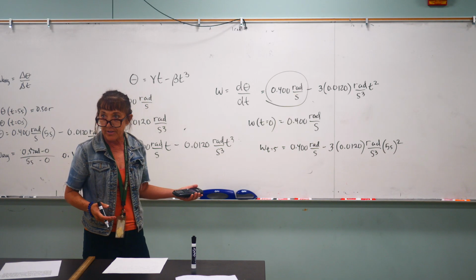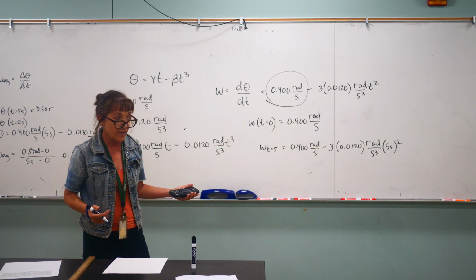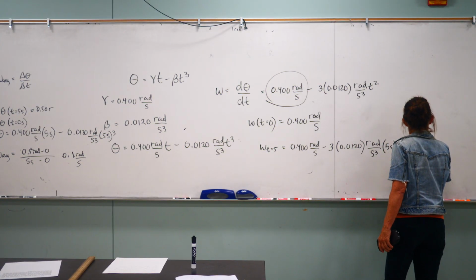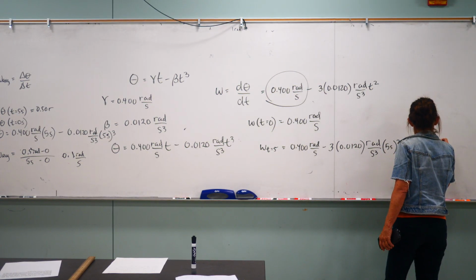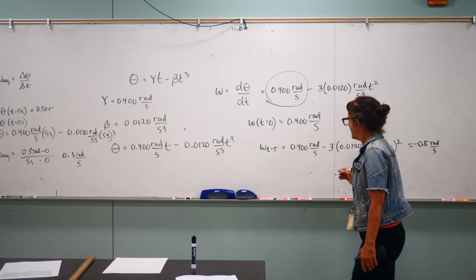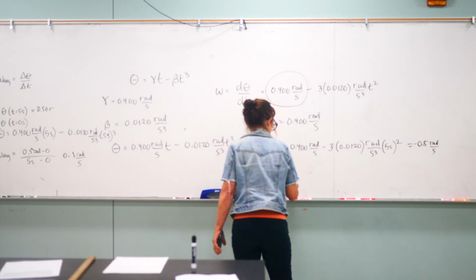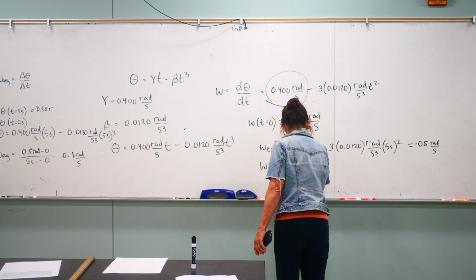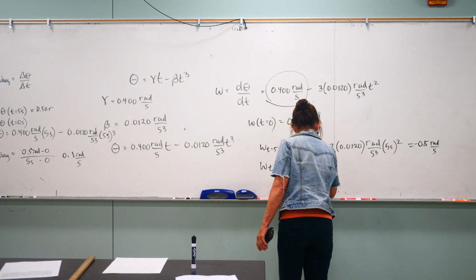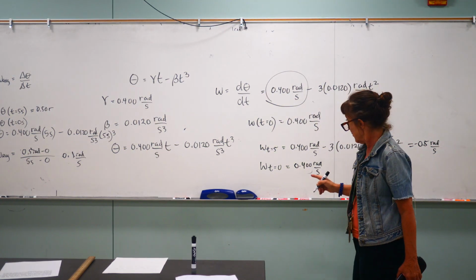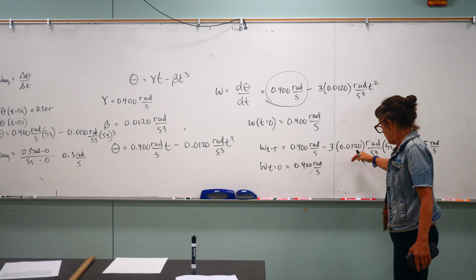I get negative 0.5 radians per second. And then omega at t equals 0 is going to equal just 0.4 radians per second, right? Because this term goes away.